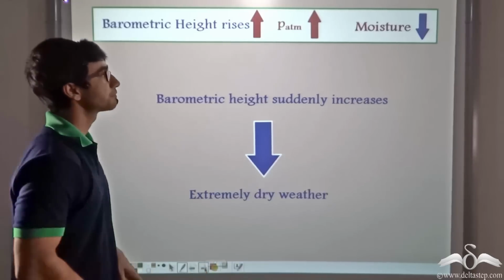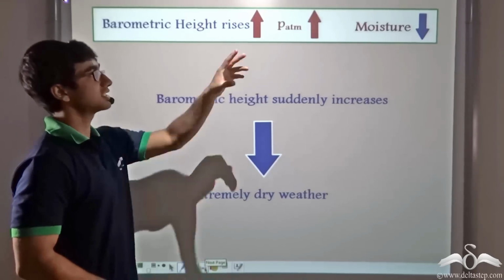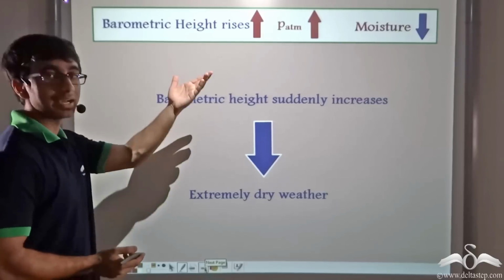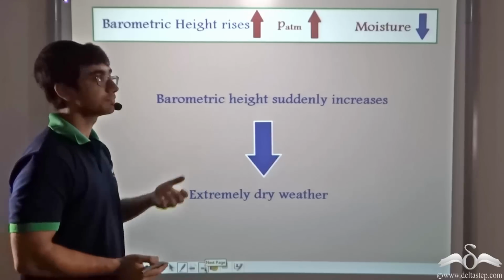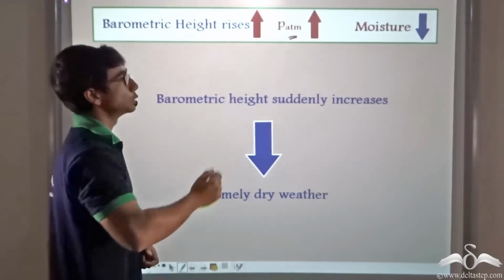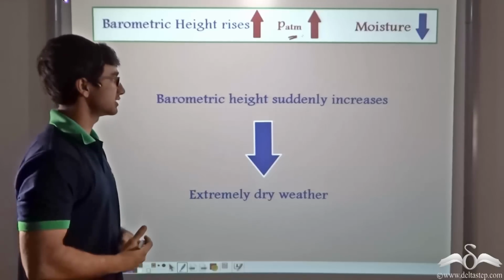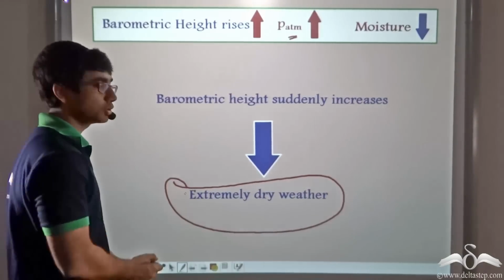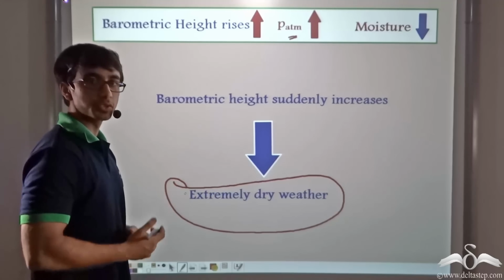On the other hand, if there is a sudden decrease in moisture content of the air, it will mean that the barometric height will rise suddenly, which in turn means that the pressure of the atmosphere will have undergone a sudden increase. This means that extremely dry weather is about to come in the next few days.